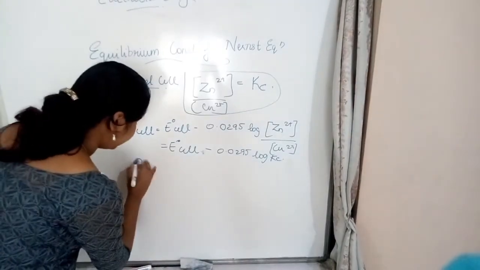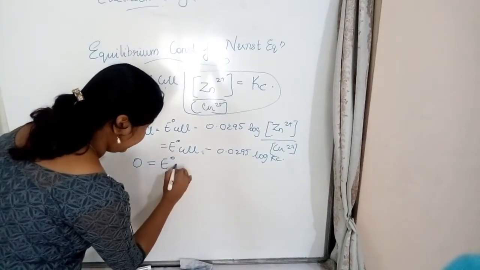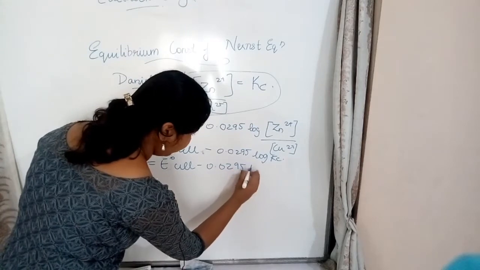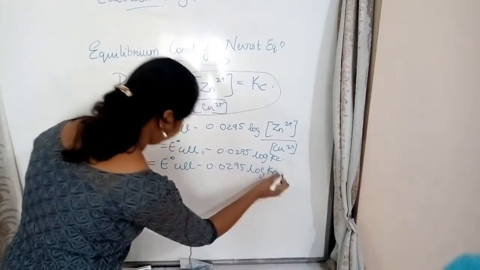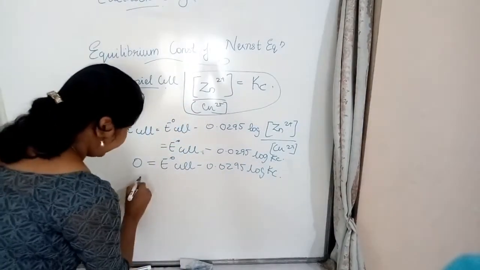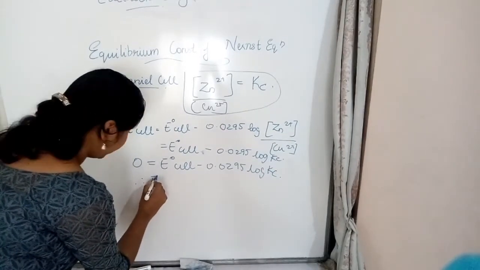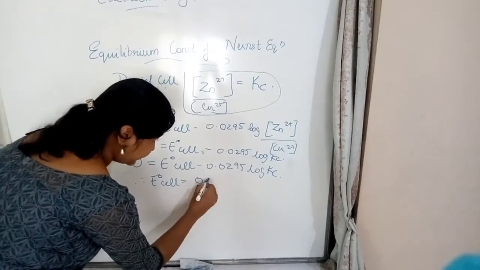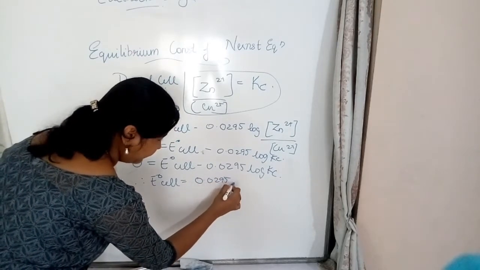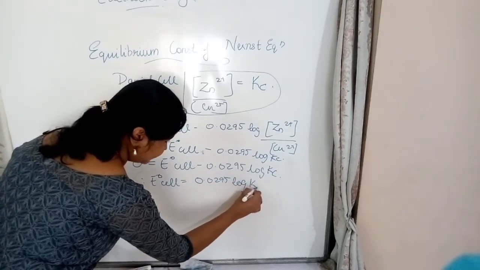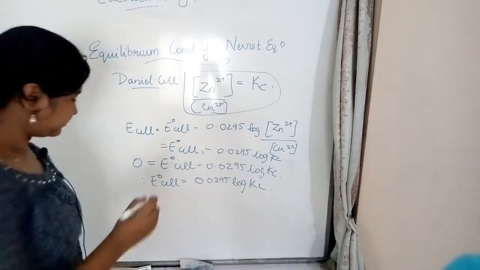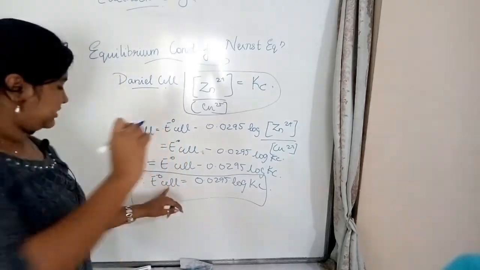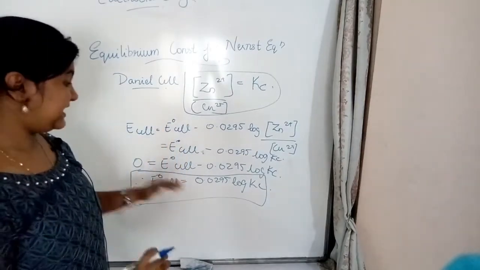So if E cell is equal to 0, then E0 cell is equal to 0.0295 log Kc. This is the E0 cell.